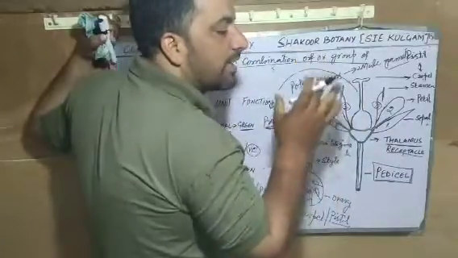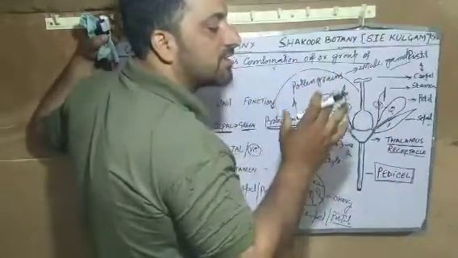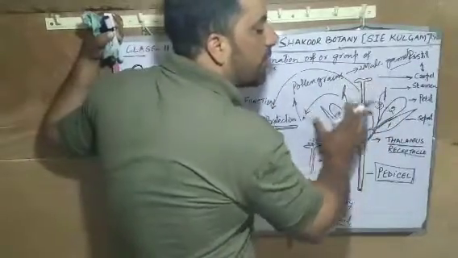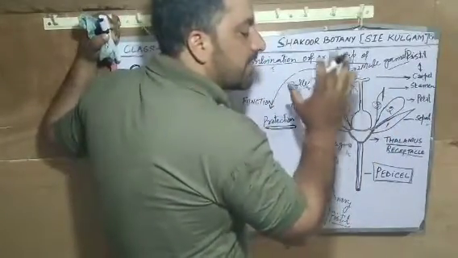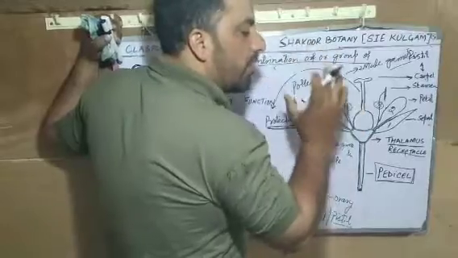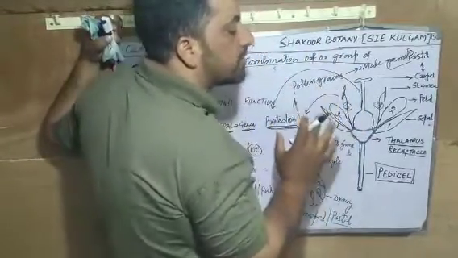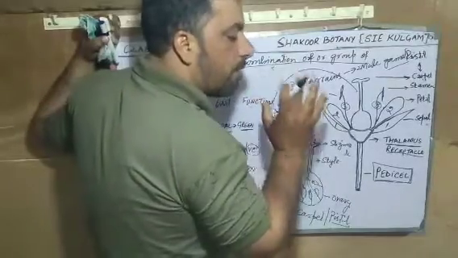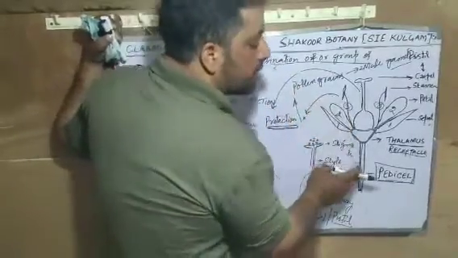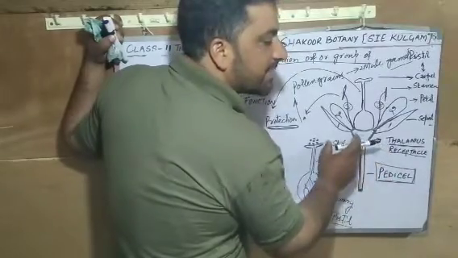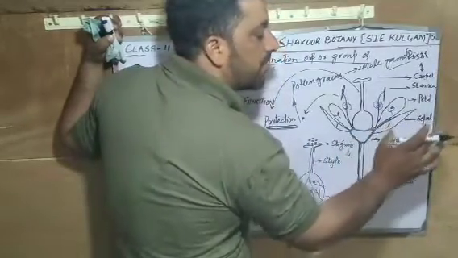Purpose क्या है? Why it has expanded? Why thalamus is expanded? Why receptacle is expanded? To bear all the reproductive whorls. Because it is this structure on which bears all 4 whorls of a flower. So pedicel is the stalk of a flower. At the top, this pedicel expands to form a superficial structure.